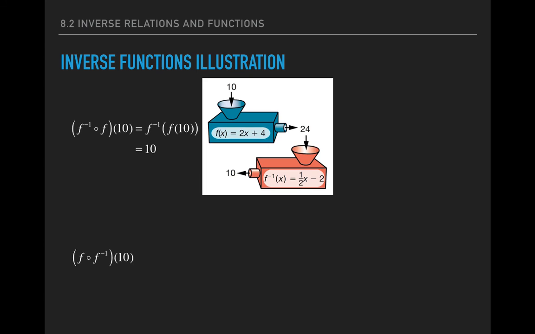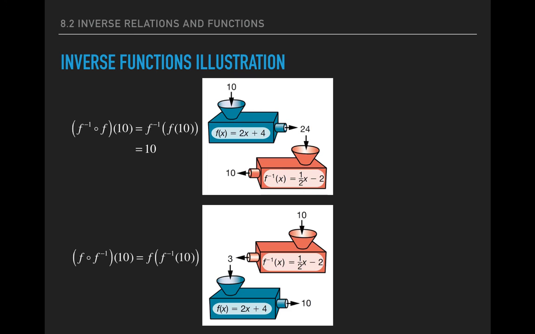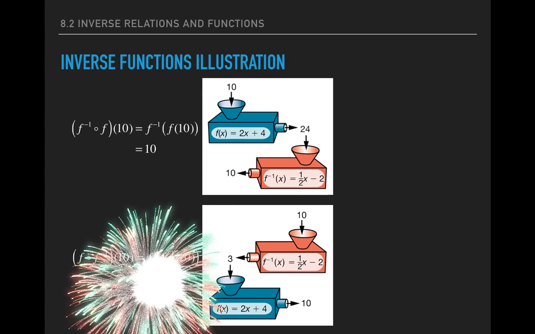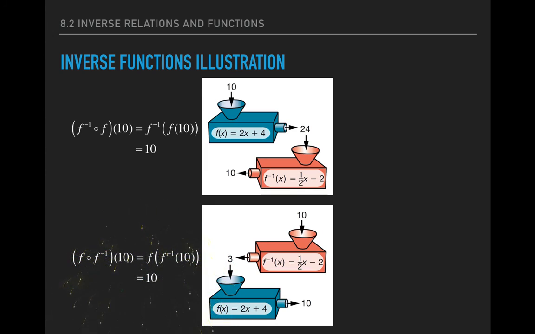And if you did this just the other way around, where it was the inverse that was inside of the function, the same thing happens. Plug 10 into the inverse function. You'd get out of that 3. 3 would then be plugged into the f function, and the output there is 10. This is happening because these functions are inverses of one another.